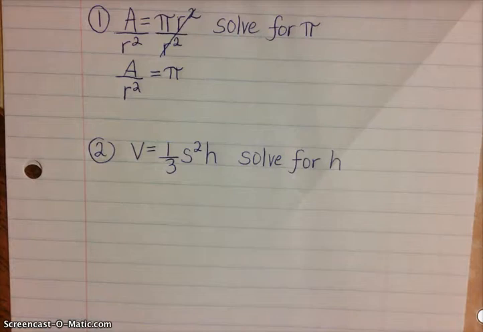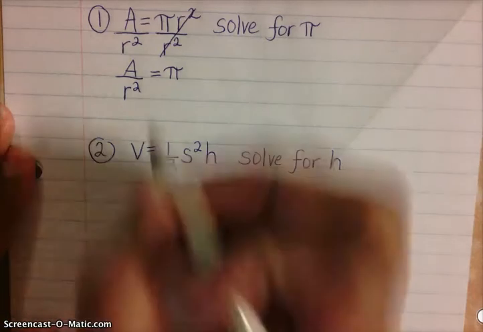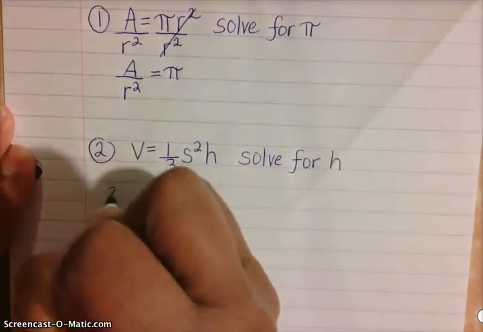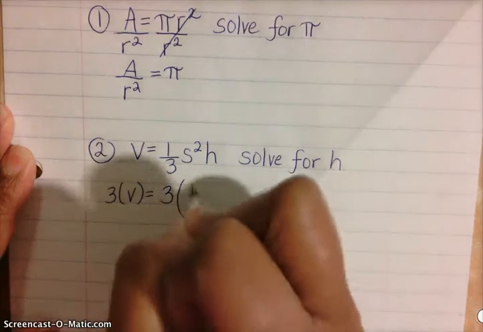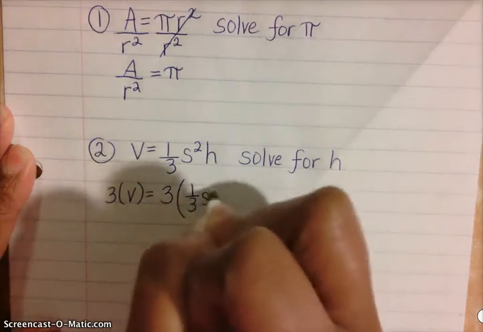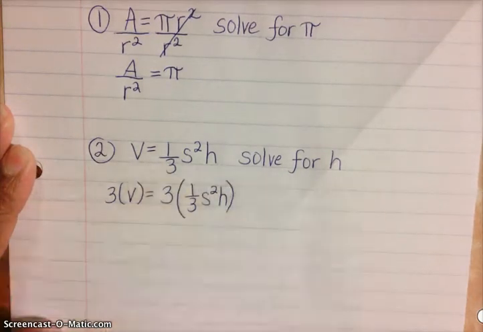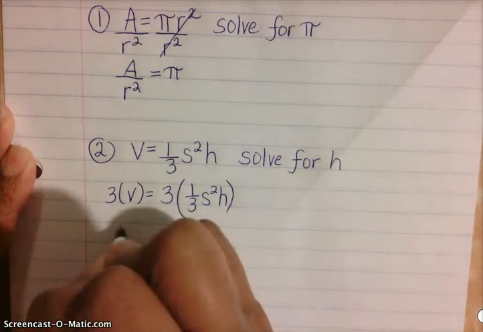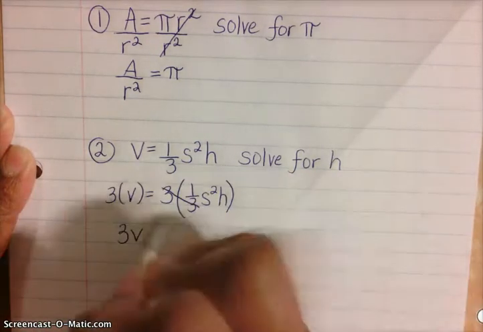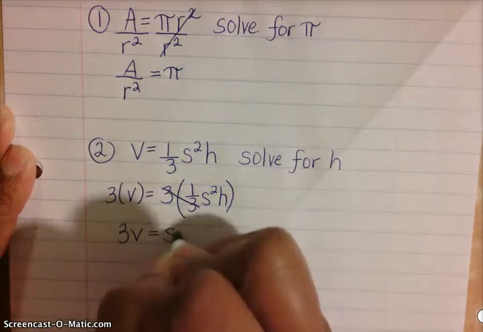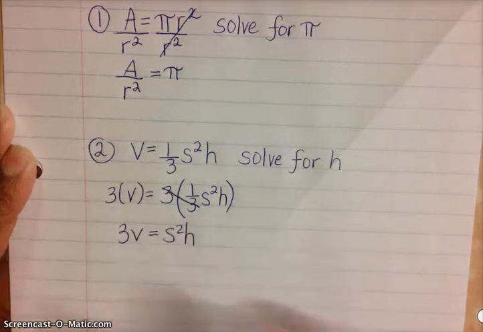To get rid of a fraction, you multiply both sides of the equation by your denominator. My denominator here is 3. I'm going to multiply 3 times V, and 3 times the 1/3 s squared h. 3 times V is 3V. Here, these 3's cancel, and it leaves me with s squared and h.